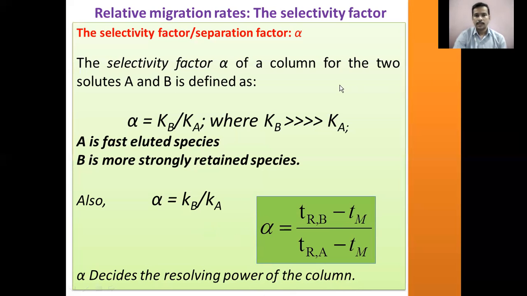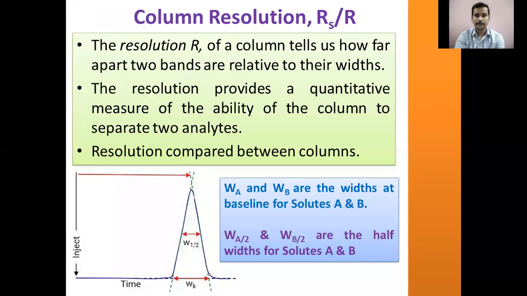Therefore, as important as the capacity factor or retention factor, the selectivity factor is also important. These mathematical expressions are commonly employed to calculate the required parameters for any solute or group of solutes, and we can decide whether the column is a suitable one to achieve successful separation or not.